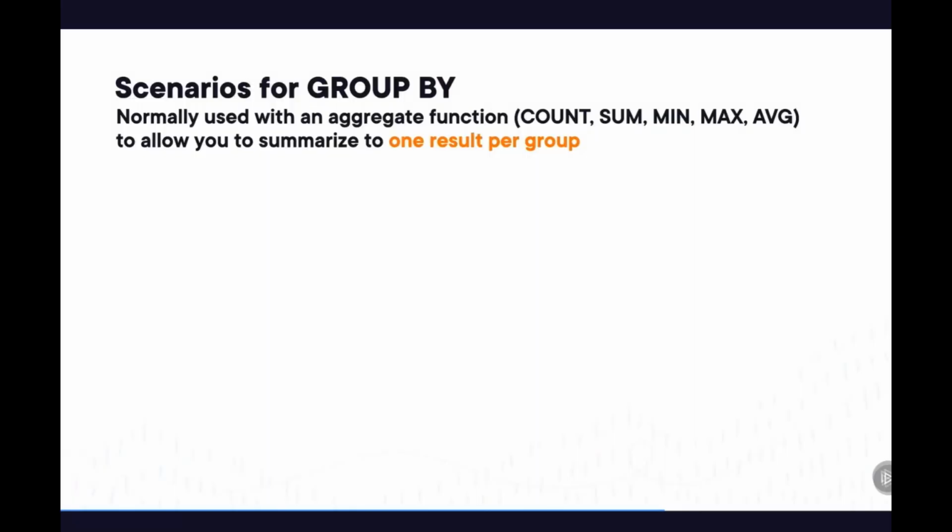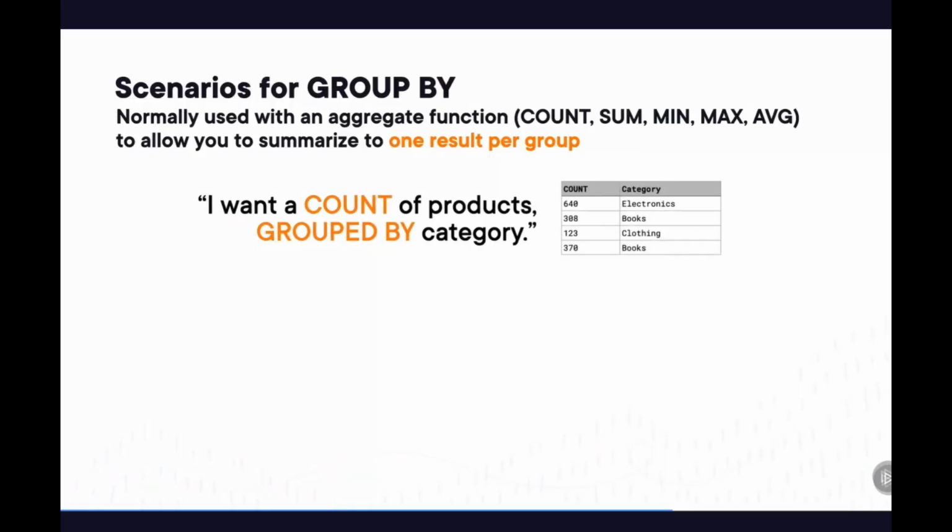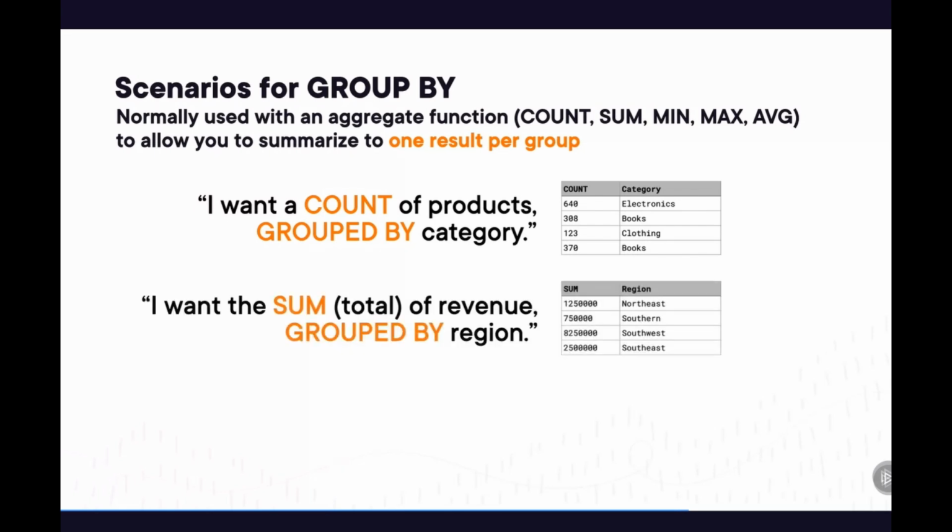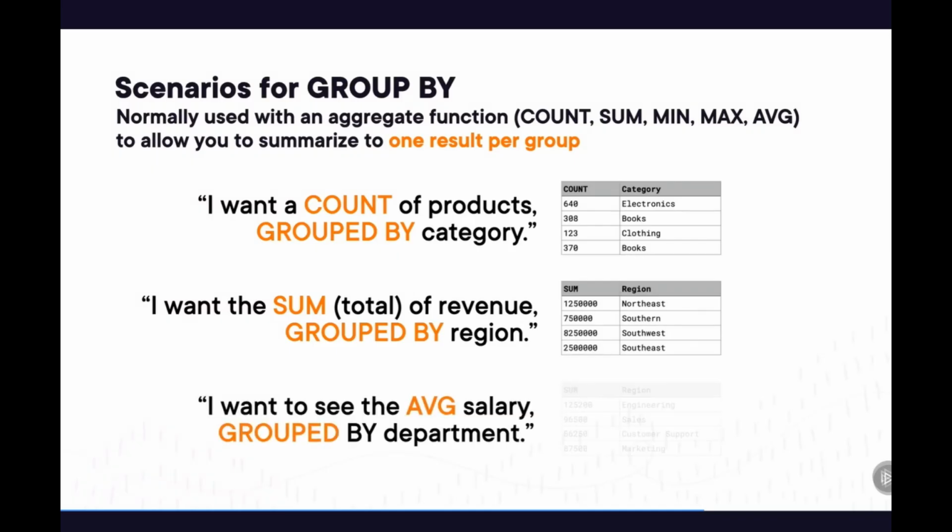We want to gather all the rows with identical values in a specific column, like saying, I want to count the products grouped by category, but it could be, I want a sum of the total sales grouped by region, or the average salary grouped by department, or to count the number of customers grouped by country, but where you get one result per group.